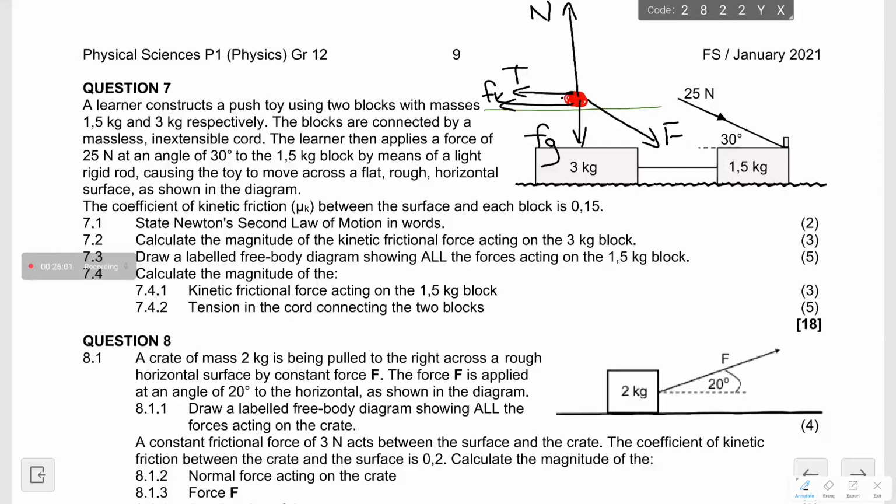I much prefer the free body diagram drawings to be that of components, because it is going to assist you as a learner when you are dealing with calculations. So we're also going to draw a free body diagram using components, which is the one that I much prefer, because it makes your life easy in identifying which force is acting where, right?